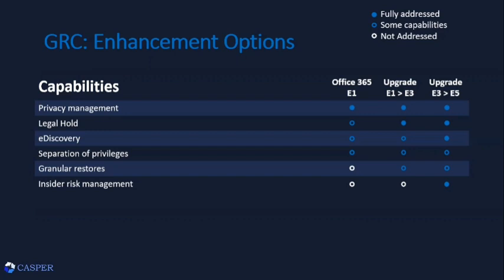There are more products that might be available to people who have E3 licenses, and there are more features that are even available if you were using E5 licenses. I don't know whether there's any other question. Okay, if there's no other question, let's continue to the next section.